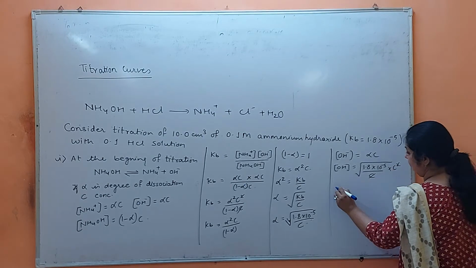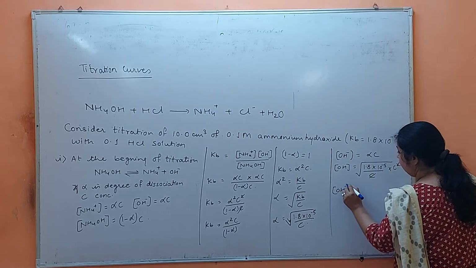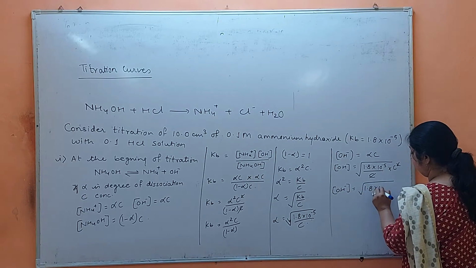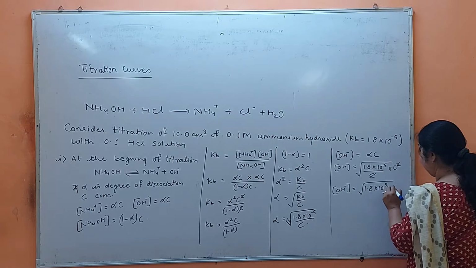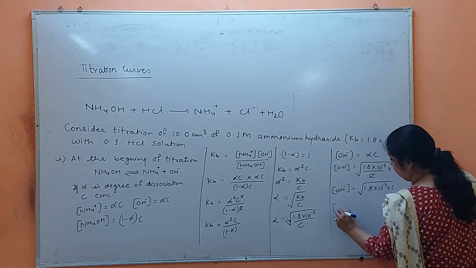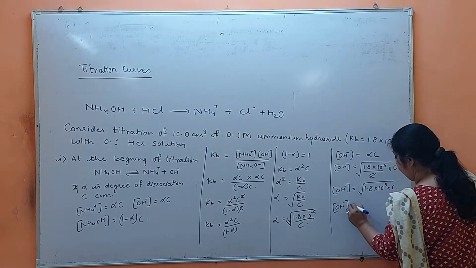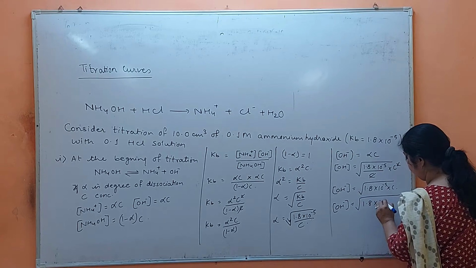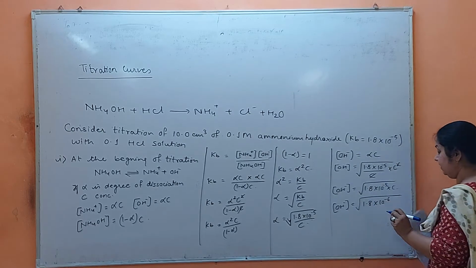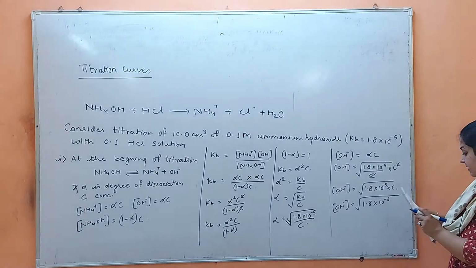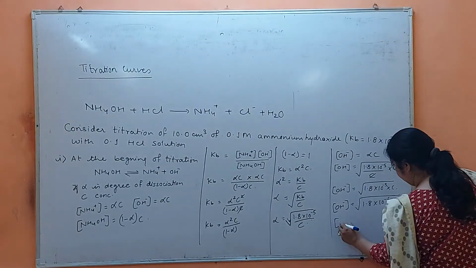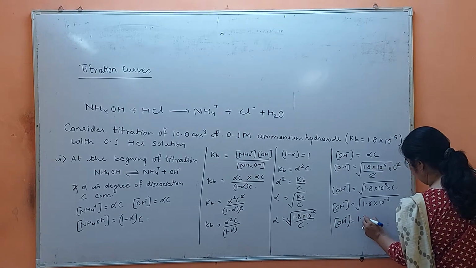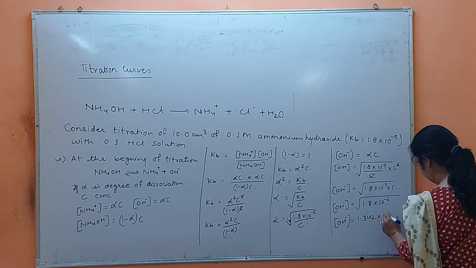So this C get cancelled. So OH minus ion concentration will be equal to under root of 1.8 into 10 raised to minus 5 into C. Now C here is 0.1. So you will get 1.8 into 10 raised to minus 6. Alright, this is your OH minus ion. So OH minus ion concentration comes out to be 1.342 into 10 raised to minus 3.